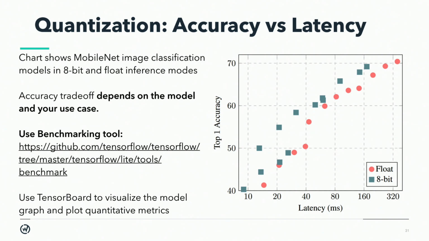Those are examples of what you could expect. So definitely you need to perform some testing after you optimize your machine learning model, and make sure how changing different parameters affects your results. TensorFlow has a benchmarking tool that you can check out, and there's also a tool called TensorBoard, which allows you to visualize the machine learning model graph and plot some graphs and metrics there.